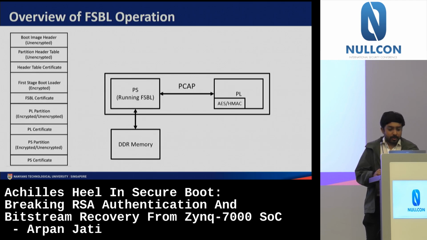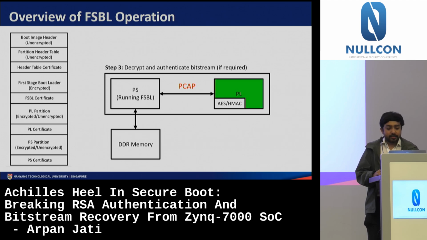It starts with the partition header table: it gets information from the boot image and copies it to DDR RAM, and then, if required, authenticates the individual RSA signature parts. So I'm just telling you what the FSBL does. Then it runs the individual PL partitions step by step in sequence, for each and every part. There can be multiple segments or a single one, but it does this.